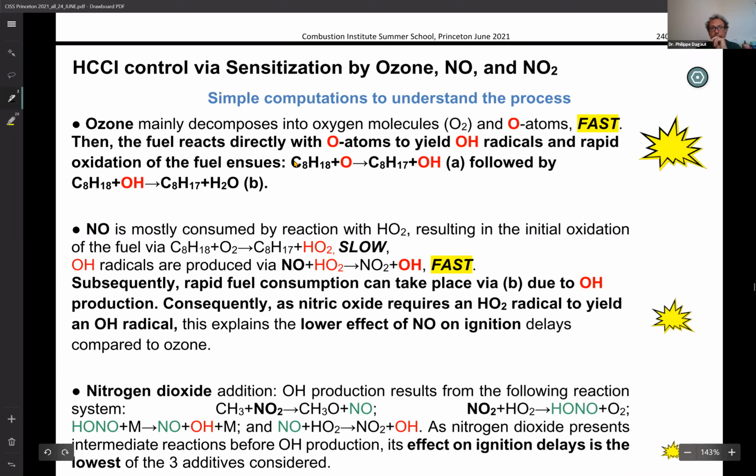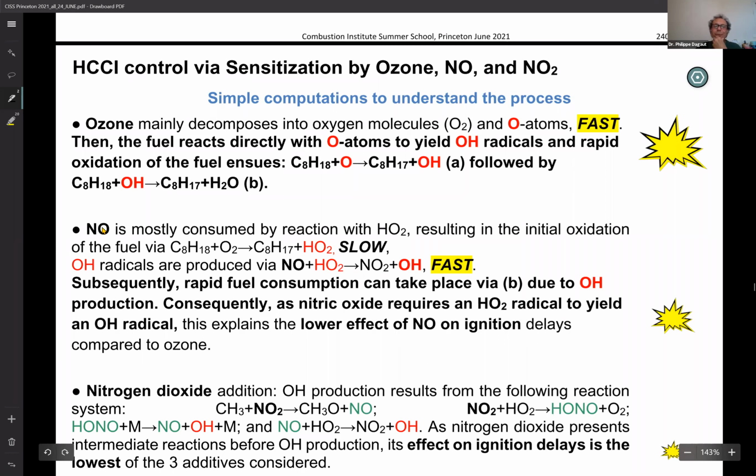So we have isooctane plus oxygen atoms, giving this octyl radical plus OH. And then this OH attacks also isooctane to produce water and another fuel radical. And overall, this reaction is fast.